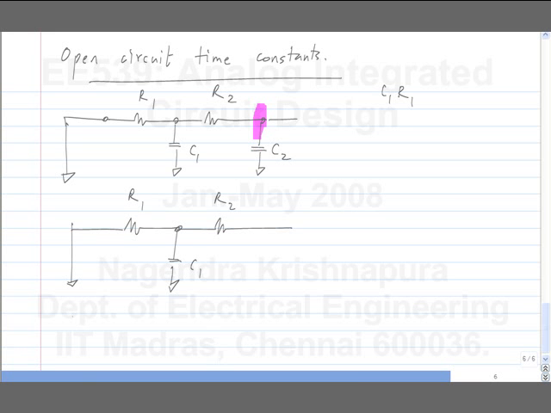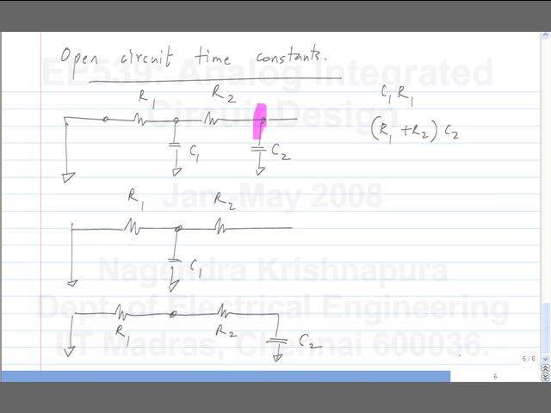And let's open circuit C1 and keep C2. What is the time constant associated with this? R1 plus R2 times C2.